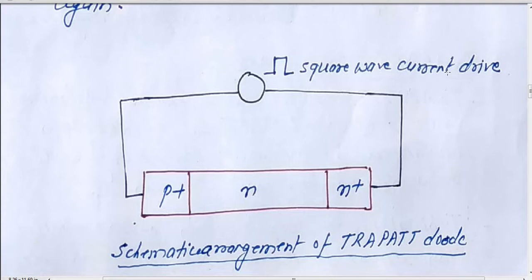The criterion of operation in TRAPATT is that the avalanche front advances faster than the saturation velocity of the carriers. In general, it exceeds the saturation value by a factor of around 3. Here, it is worth mentioning that the TRAPATT mode does not depend upon the injection phase delay.